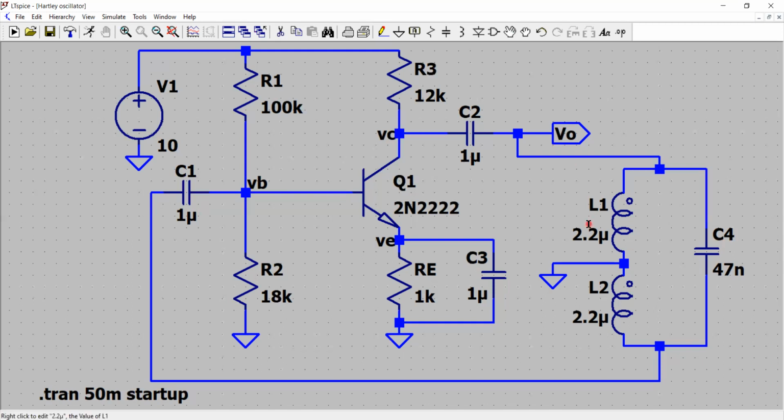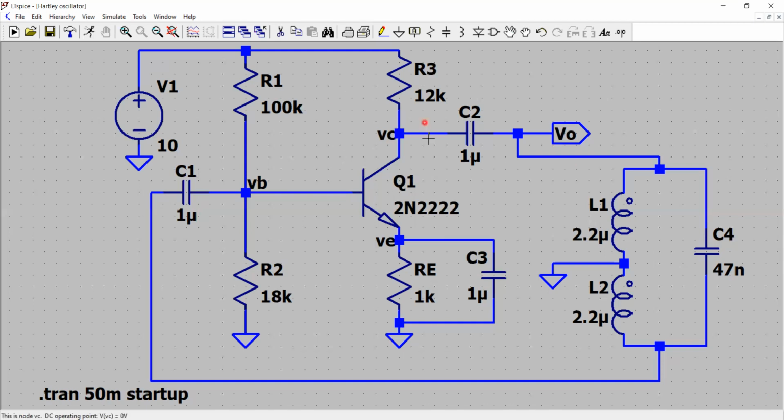If I manage to satisfy these two conditions, I will get oscillation at the output pin, a pure sinusoidal waveform. So how much is the gain A of this amplifier? It's set by the ratio of resistor R3 and RE. R3 is chosen as 12K, RE as 1K, so the gain is about 12. A times beta has to be greater than or equal to 1 for the oscillation condition.